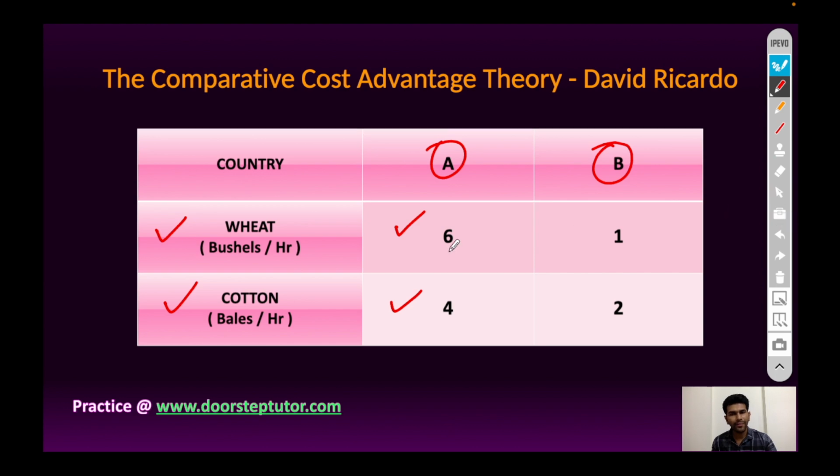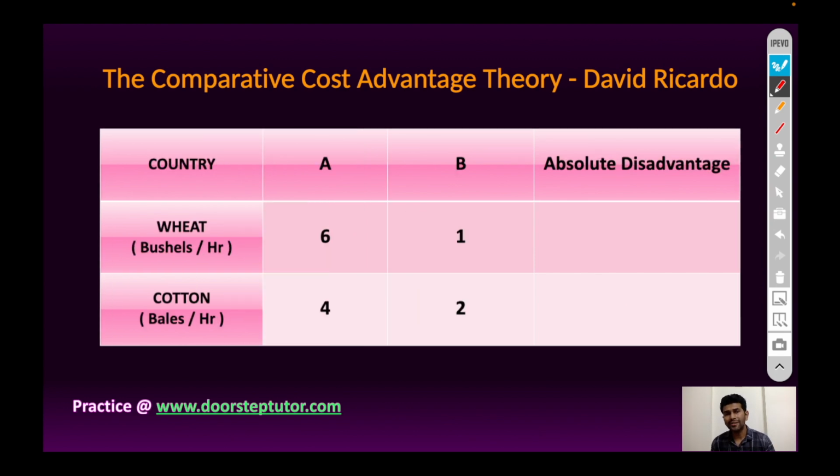In this case, country A has an absolute advantage in producing both commodities. It produces more quantity in lesser time. But still, David Ricardo says international trade between A and B is possible.